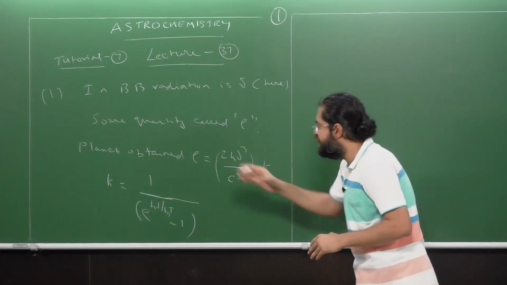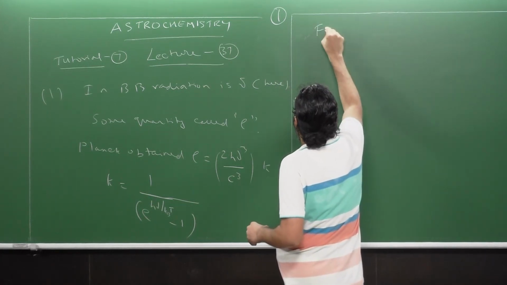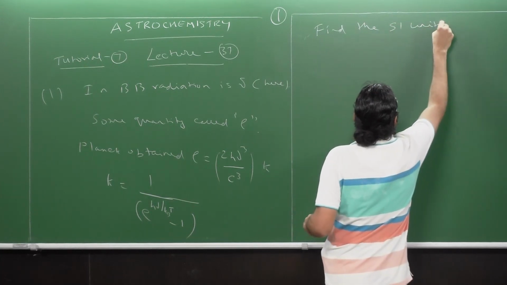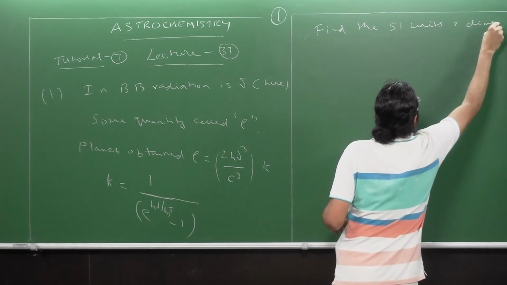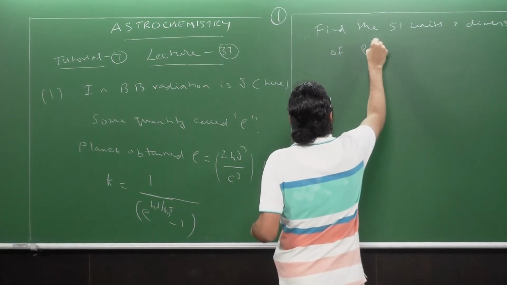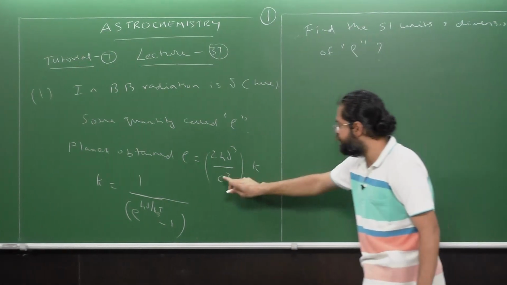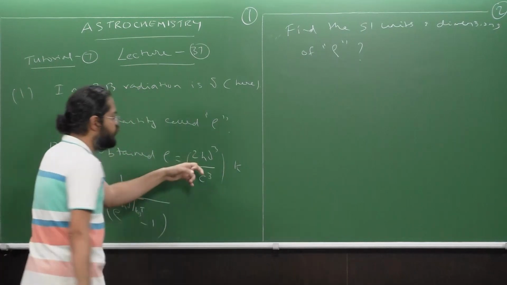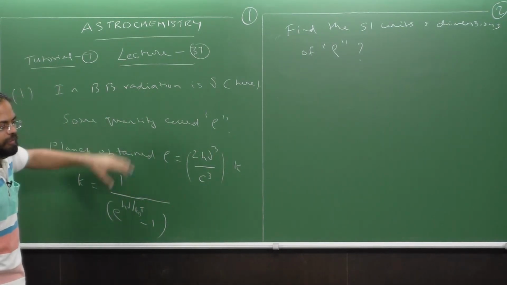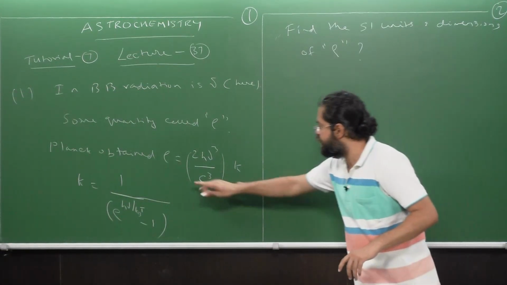Now, given this expression, the question is: find the SI units and dimensions of rho. Clear? Given this expression, where rho is 2h nu cube by c cube times k, find out the dimension of this specific thing, rho, on the LHS.